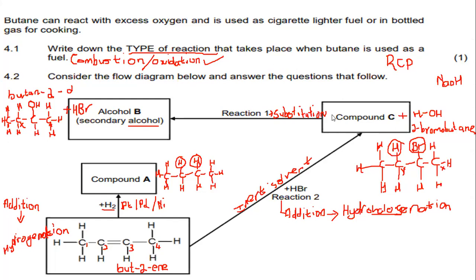Now, if it was through water, we could have asked you further what type of substitution this is: hydrolysis. And why would you say this is hydrolysis? Because we did our substitution using water, and hydrolysis is a reaction of a substance with water. So this is essentially that.